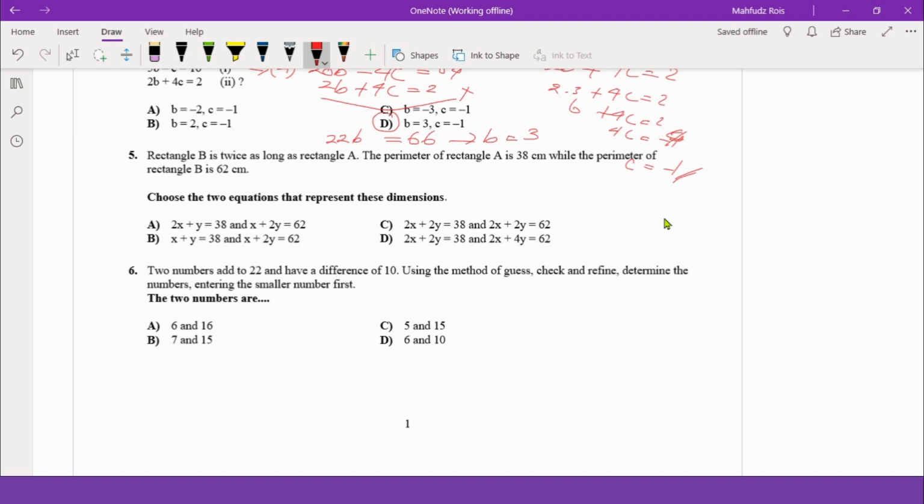The perimeter of rectangle A is 38. Suppose the length of this rectangle is X and the width is Y. So remember, in a rectangle like this.